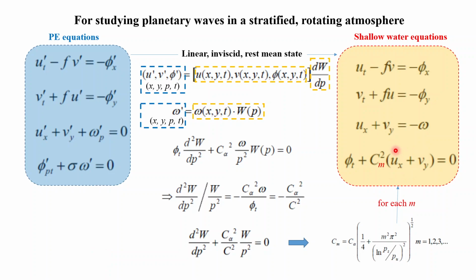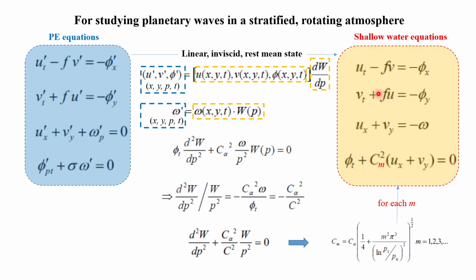In mathematical form, it is equivalent to the primitive equations. This set of equations is derived from the primitive equations and consists of different linear combinations of vertical modes. For each vertical mode, the accompanying horizontal structure bears the same mathematical form as the shallow water equation.